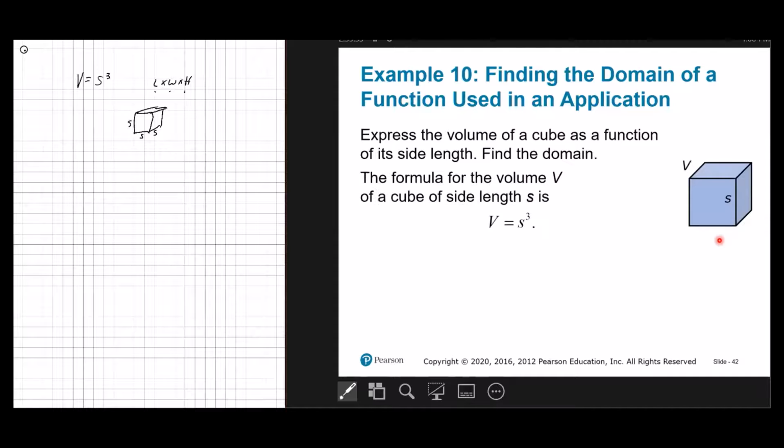So that's the formula. Now, how do I write this formula as a function? That means I have something being done to a variable. Well, the function name, I'm going to give the function name V. So the function name is V. What does it act on? What's my argument here for the function?